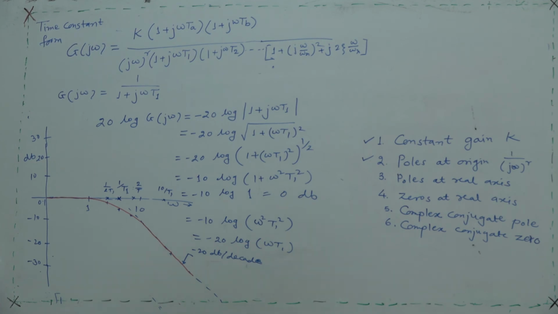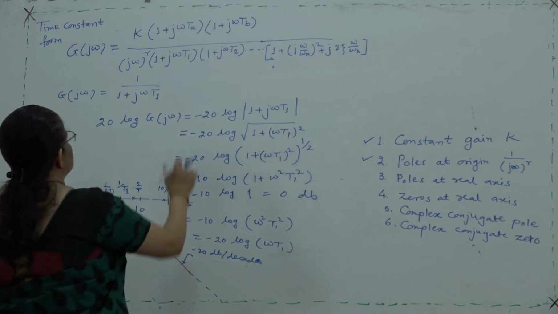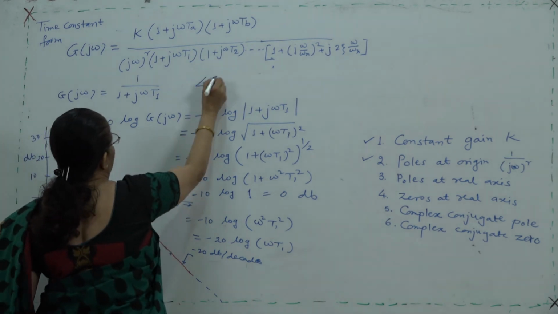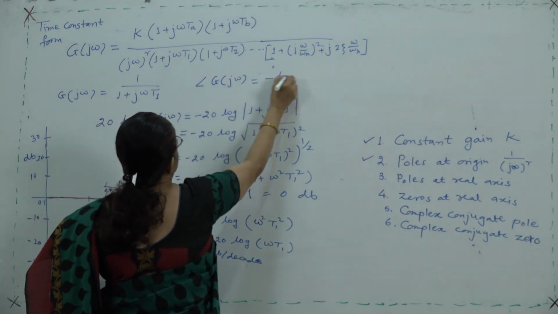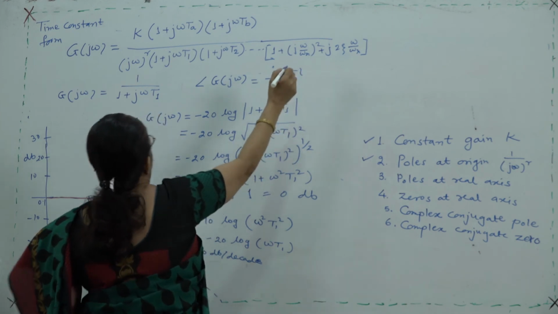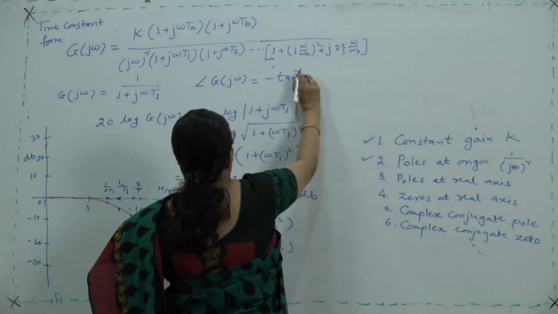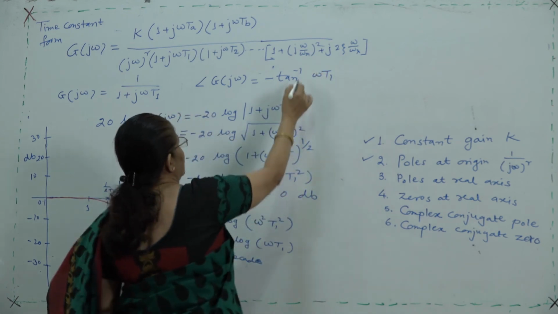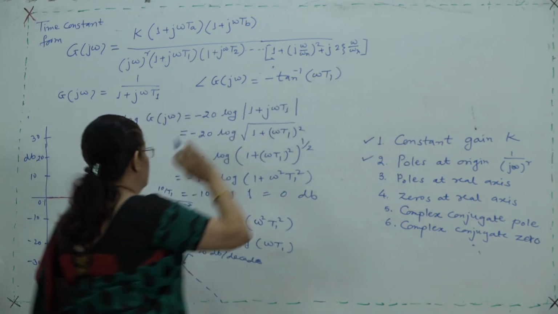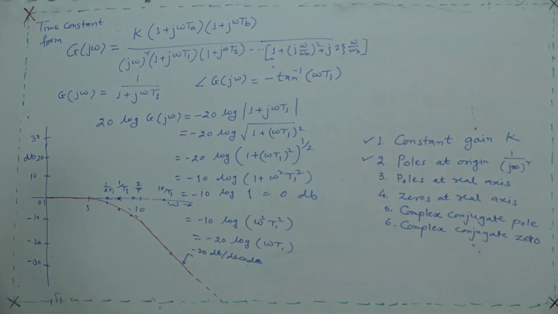Next, consider angle. How will you find the angle of G j omega? Angle G j omega is equal to minus tan inverse of omega T1. So, consider now the values.